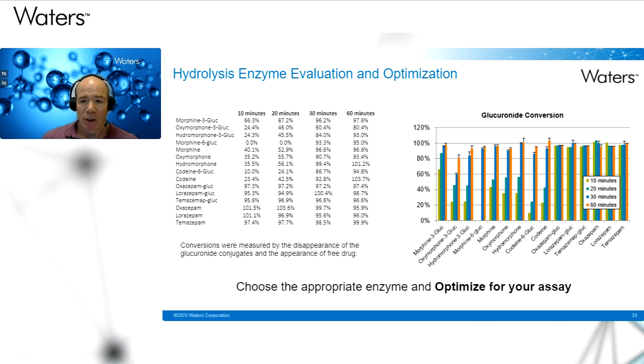And as you can see over here, we did it from 10 minutes to an hour. Many of the benzos especially were immediately hydrolyzed. However, some of the opiates, it took a bit of time. In this case, it really needed a full 30 or 60 minutes for oxymorphone and morphine 6. As I mentioned, many of the modern enzymes are a little quicker, but it's always good to take a look in your own lab to optimize it and make sure that you're getting full deconjugation.